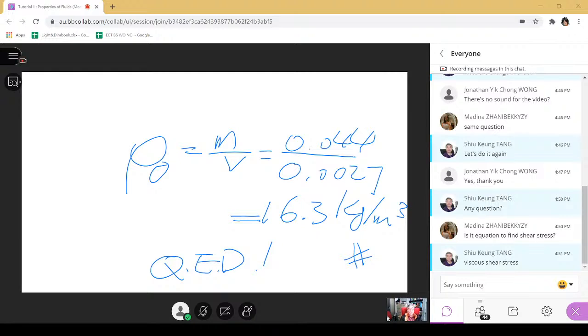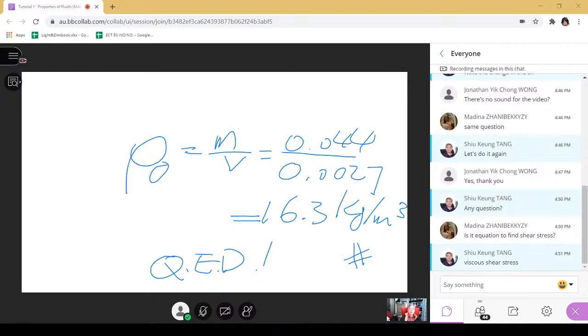Okay, it's not difficult. Now the question can be asked in many other different ways, right? They may give you the volume, the density and pressure, and then ask you to calculate the temperature. They can also say it this way: you are given a density and a temperature, and then you find the pressure.